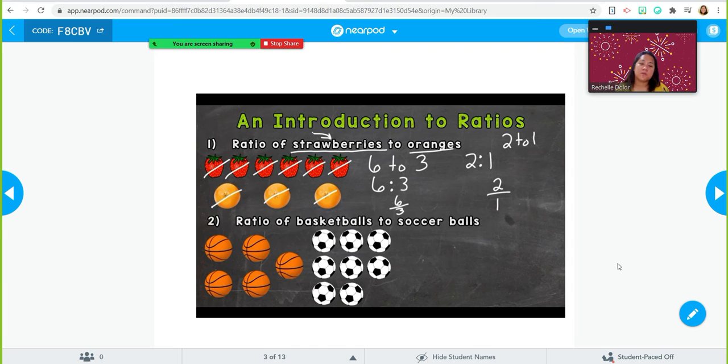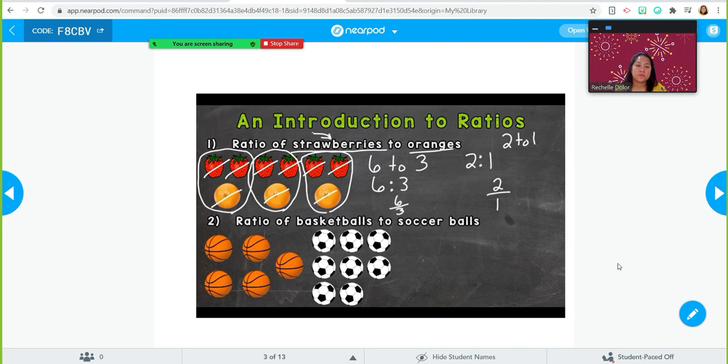And let's take a look at our picture over here. And for every 2 strawberries, there is 1 orange. So our simplified ratio matches our picture over there of the strawberries and oranges. Okay, so again, we can use the word 2, a colon, or a fraction.